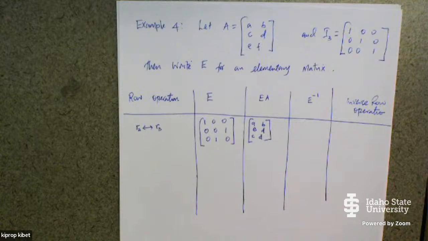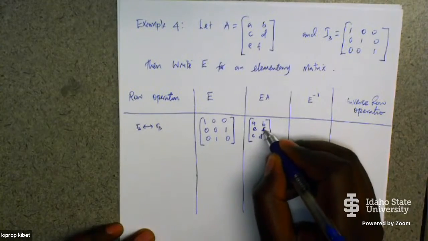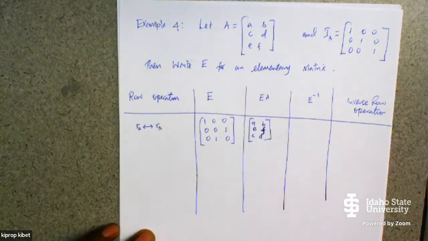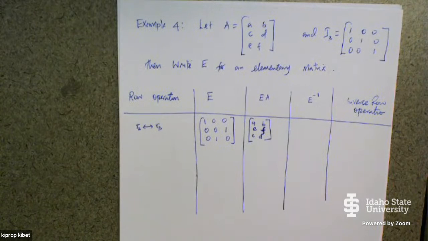This and this will be 0, that and that will be 0, and then the last one is E. And then this and this will be 0, that and that will be 0, this and this will be F. And the others come down here. So what do you see from here? It's like doing what?